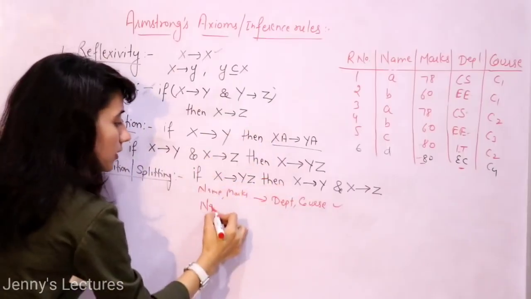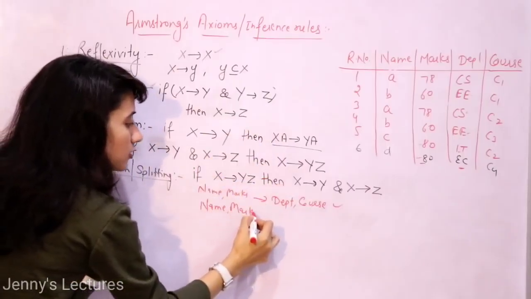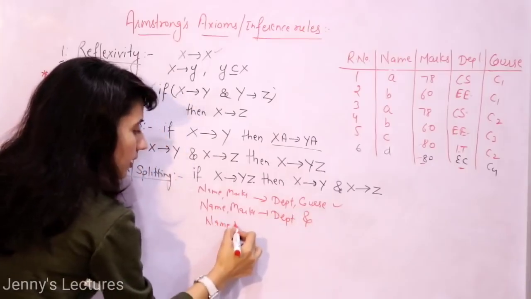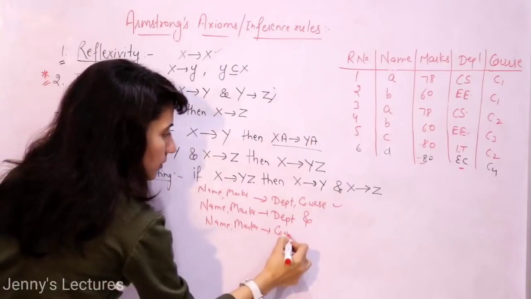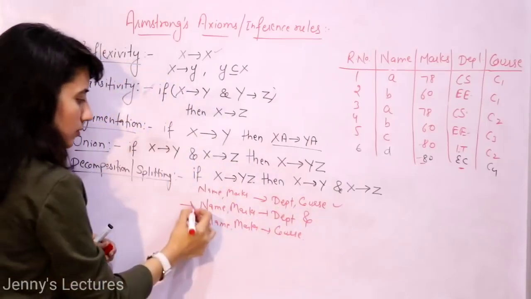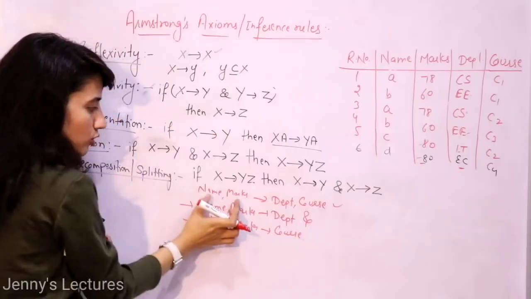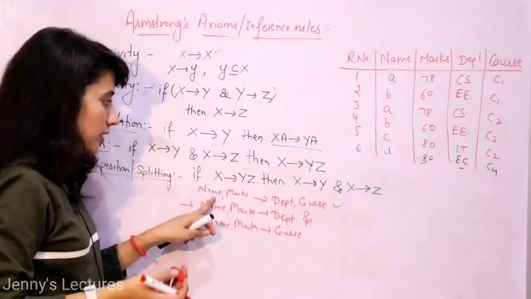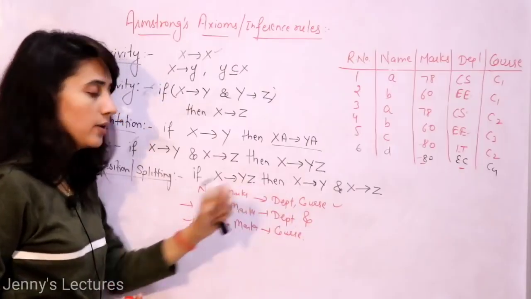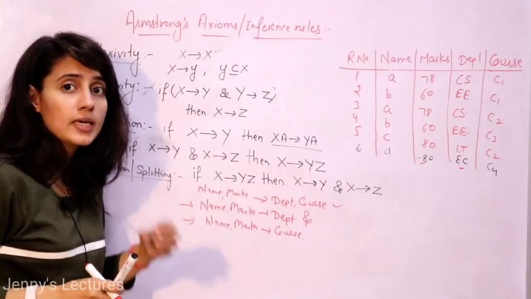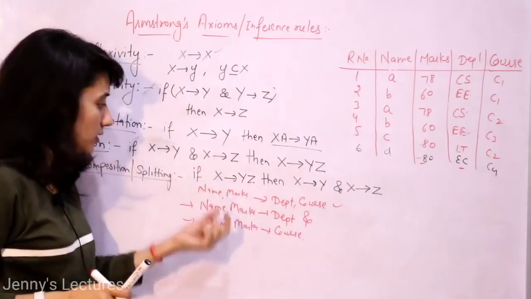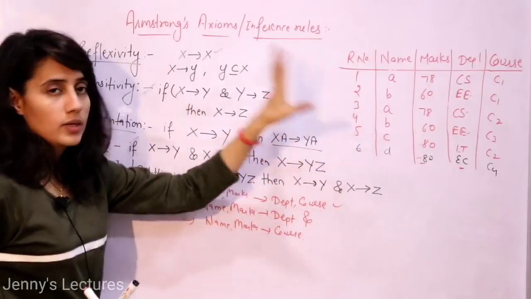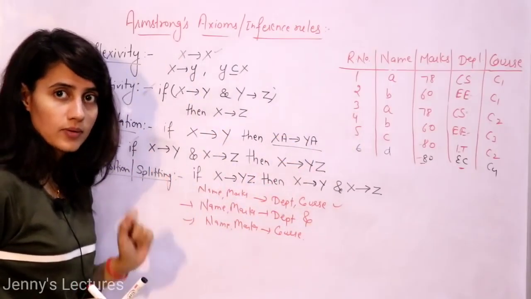You can write name, marks determine department and name, marks also determine course. You can split these, but we cannot split these, right? Maybe in this table it is true that name only determines department and course, or marks only determine department and course, but it is not a rule. We cannot take it as a rule. It is not always true. But this splitting of the right side will always be true on a relation, on a table, right?